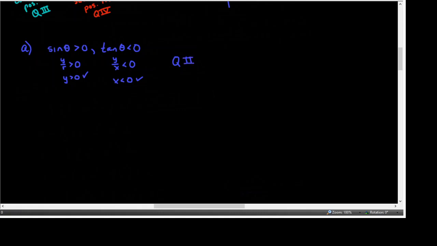It's not that bad. Okay, let's do another one. B. Identify the quadrant or quadrants of any angle theta that satisfies cosine of theta is negative and secant of theta is negative.